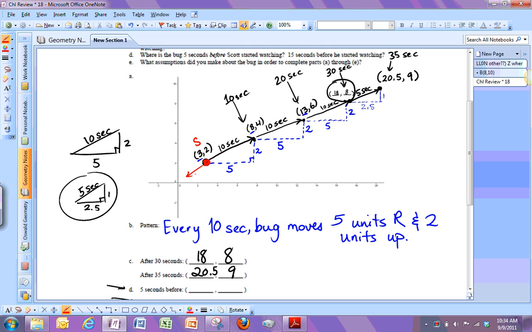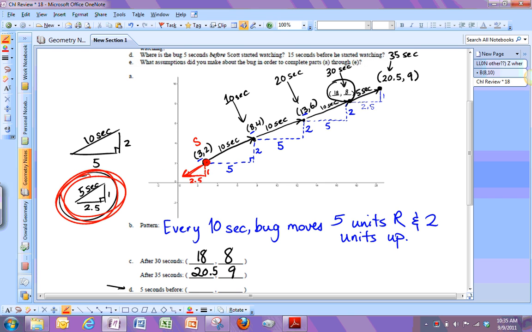Well, we already know what the bug's doing every 5 seconds, so assuming that the bug kept doing the same thing before we started watching him, let's go 1 down and go 2.5 backwards. So this way, 2.5. 1 down, 2.5. So this point right here will be 5 seconds before.